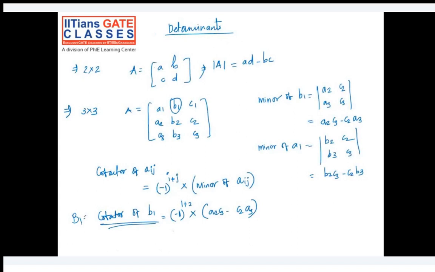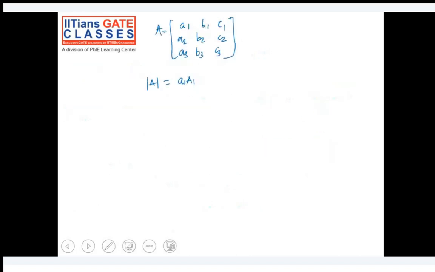I hope you understood this nomenclature: a1 capital A1 plus b1 capital B1 plus c1 capital C1. In the same way, a2 capital A2 plus b2 capital B2 plus c2 capital C2. Either row wise or column wise, you can write it like this.